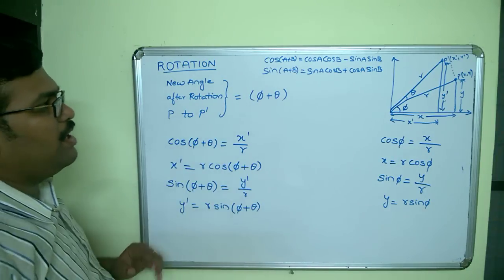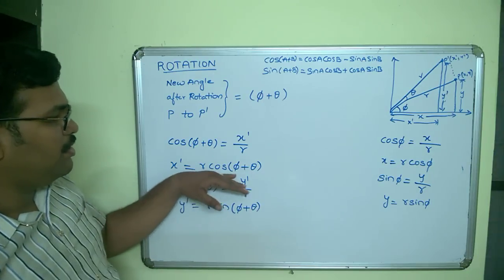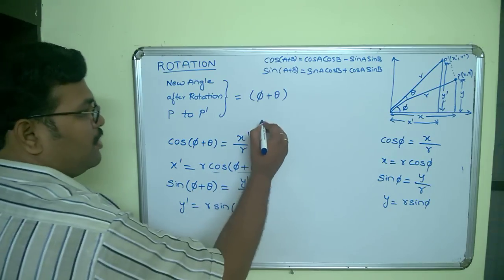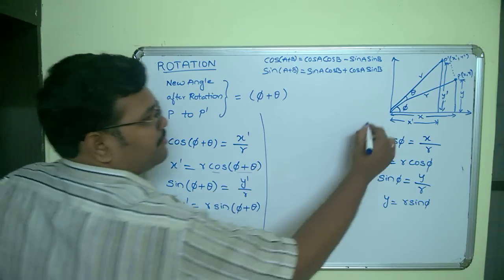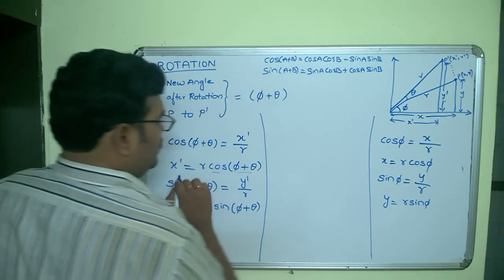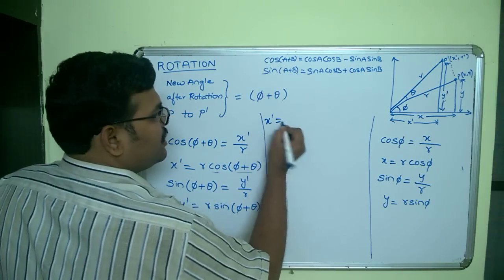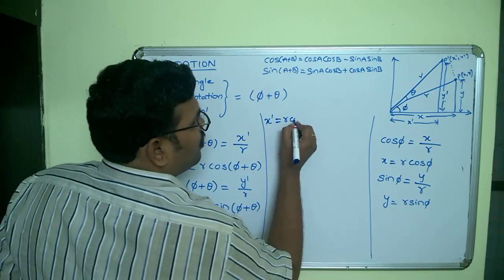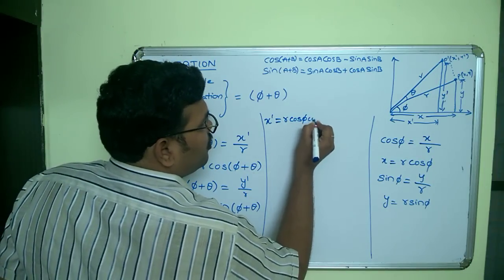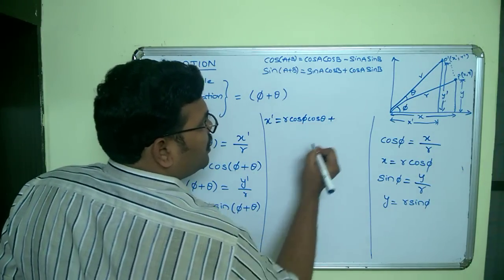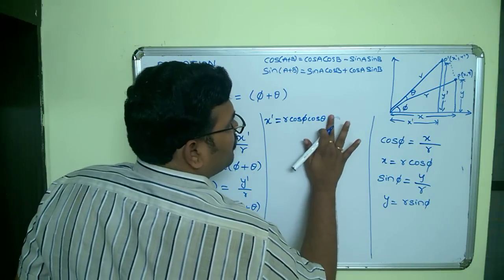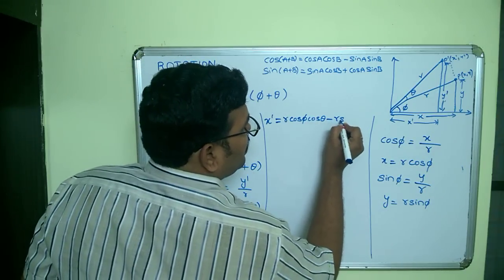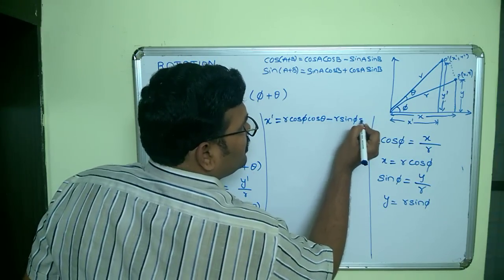You just have to substitute. We have to expand this cos (a plus b), so this can be written as x dash is equal to r cos (a plus b), so r cos phi cos theta minus r sin phi sin theta.